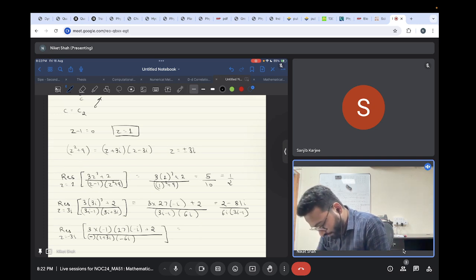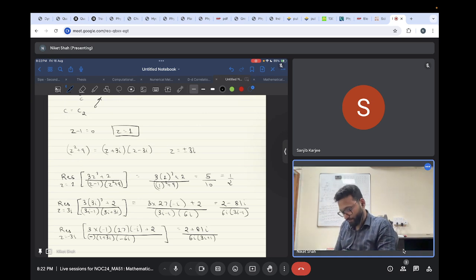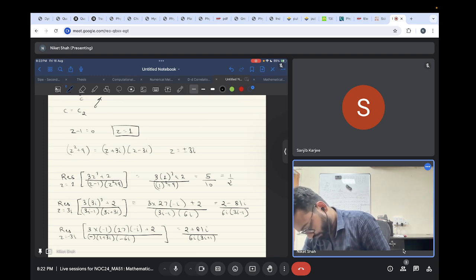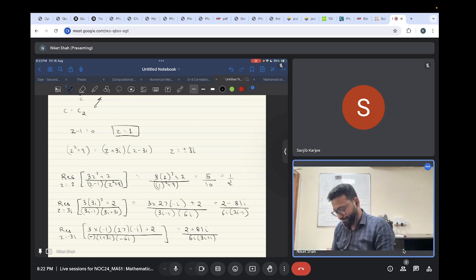So this becomes equal to 2 plus 81i divided by, this also is positive, 6i into (3i plus 1). This is the residue here.